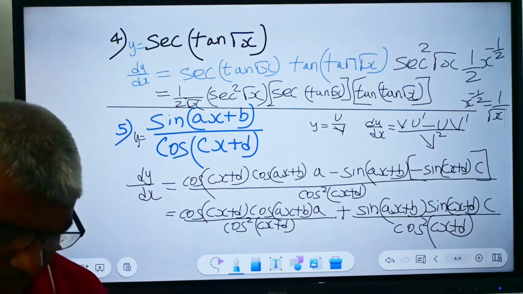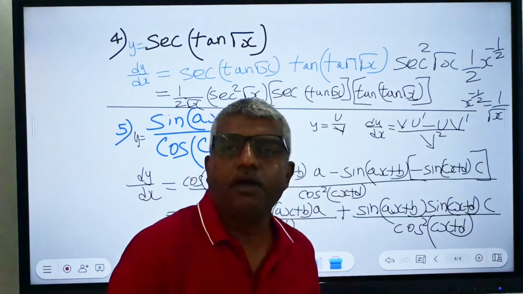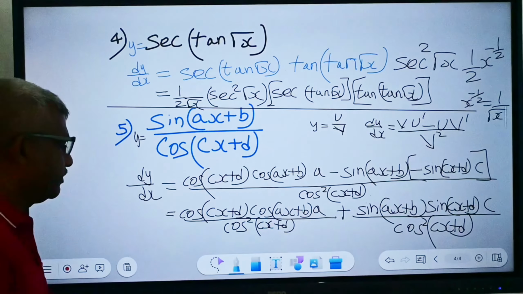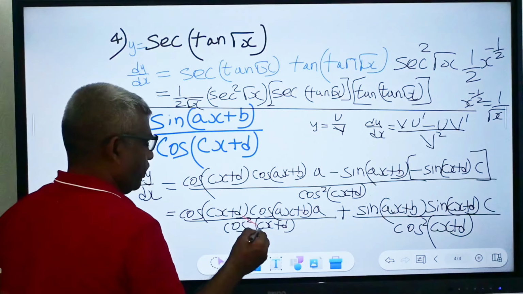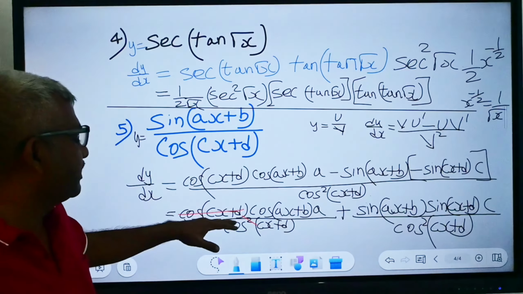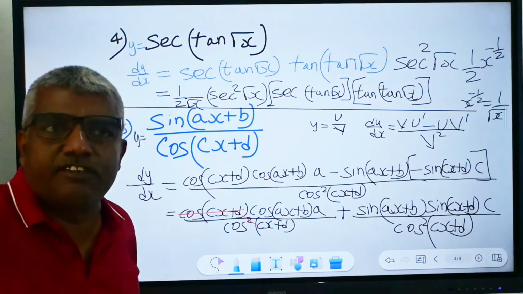In trigonometry, try to simplify as much as possible. This square, this will cancel. So cos cx plus d, the denominator is having cos squared cx plus d, two times. So one will be cancelled. So what will happen?